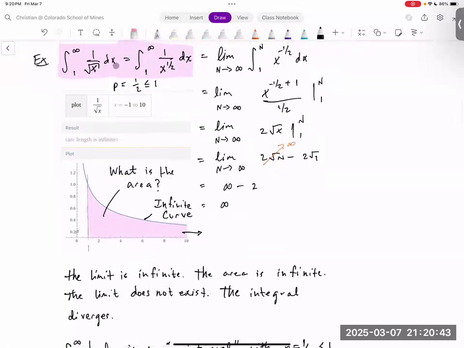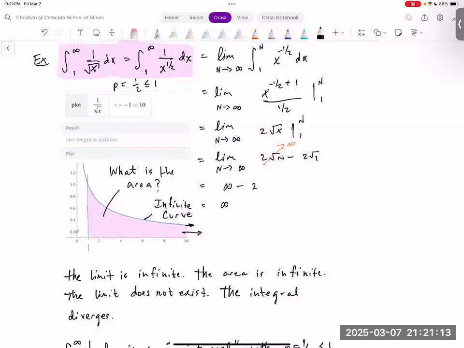This limit in pink represents the area under this curve from 1 to infinity. So I have an arrow here indicating that the pink region would just continue to the right. The curve itself, 1 over root x, is infinite. That curve is just going to go on forever to the right. It has a horizontal asymptote at the x-axis. It continues like this.